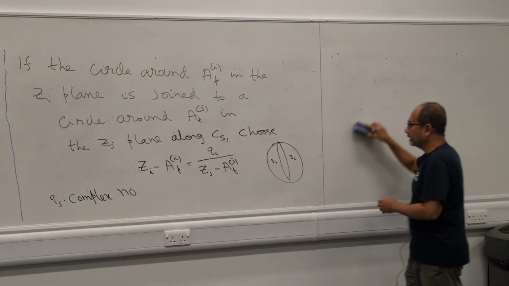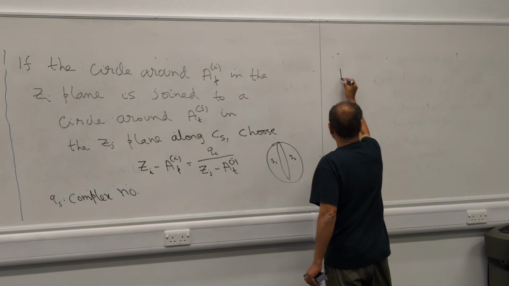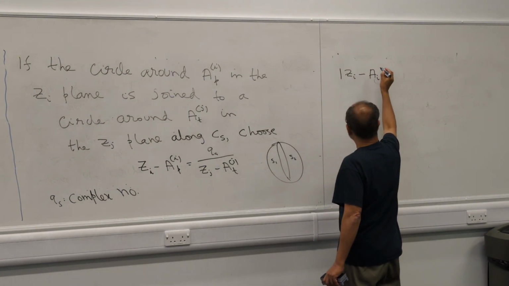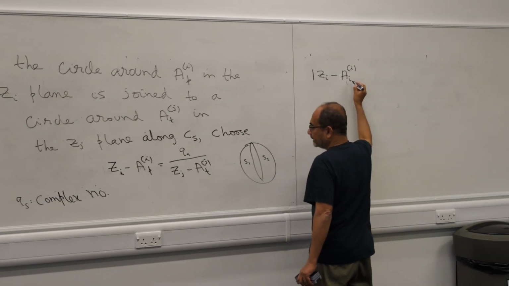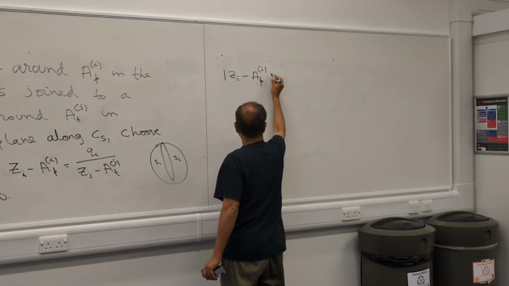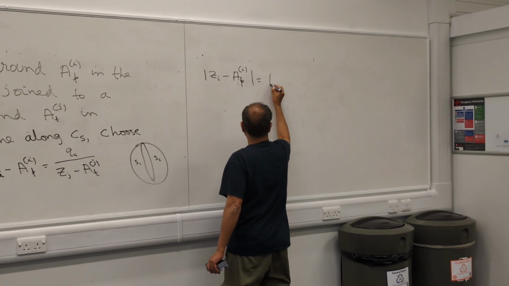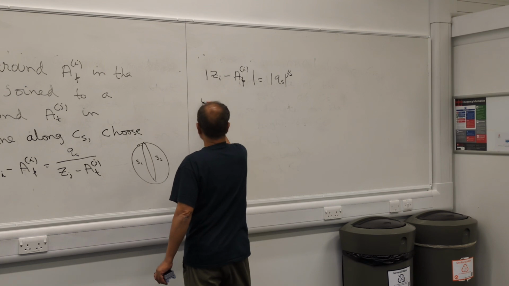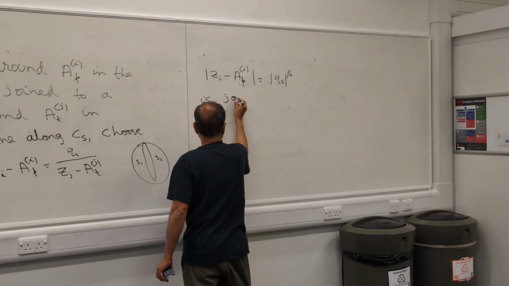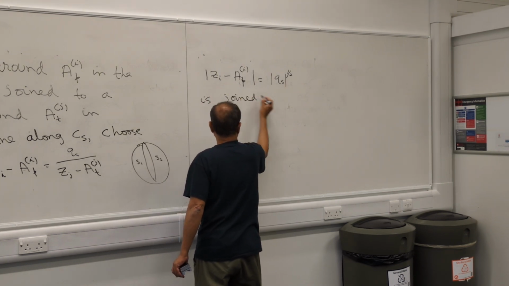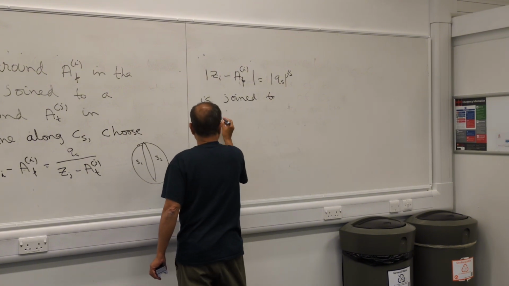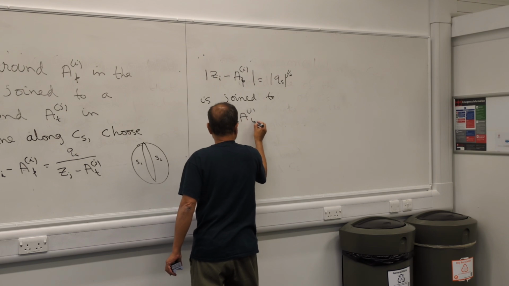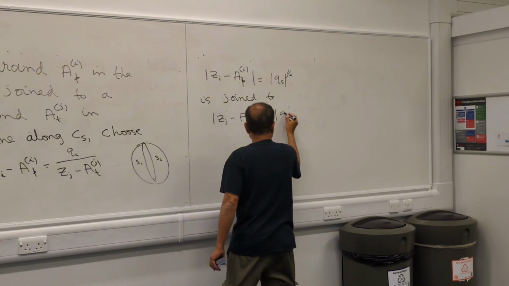One way to write this is that mod Zi minus AIP equal to mod QS to the half is joined to mod Zj minus AJT equal to mod QS to the half.